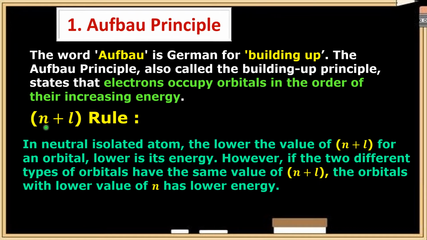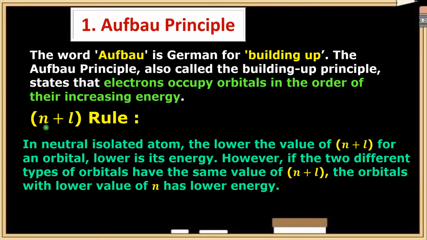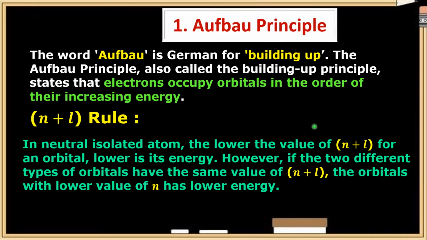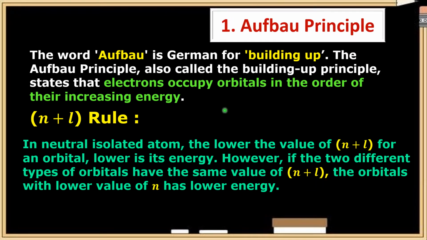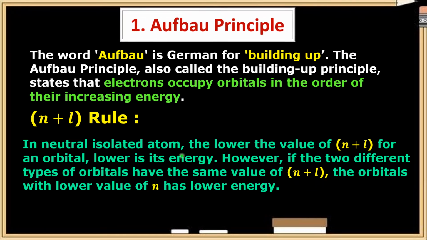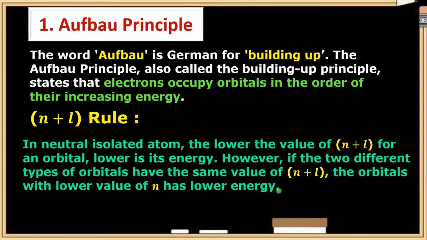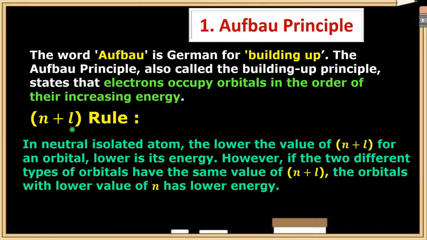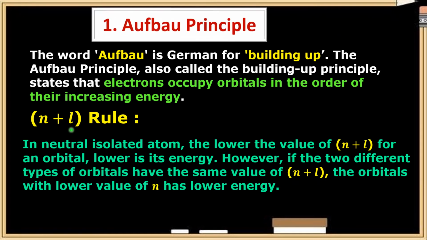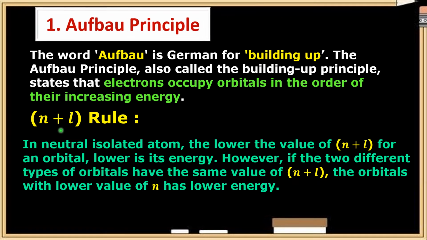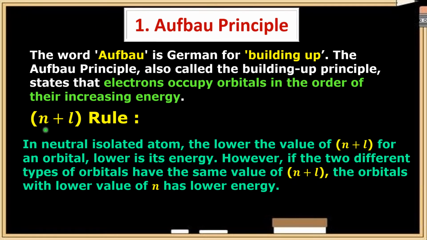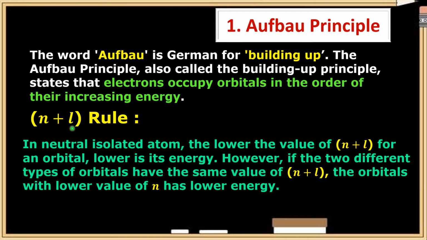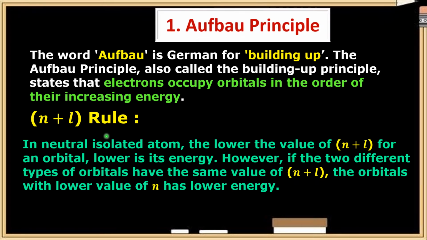n takes values 1, 2, 3, 4 like this. It represents the stationary orbits, that is main orbits or main shells, and l represents the subshells. l takes values 0, 1, 2, 3 like this. So for any orbital, if we calculate its n plus l value, that gives its energy.